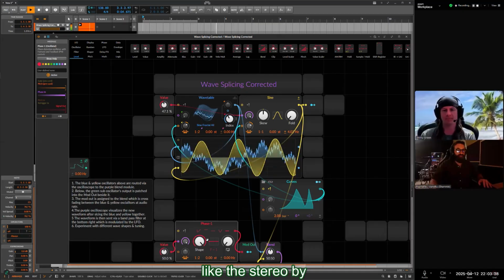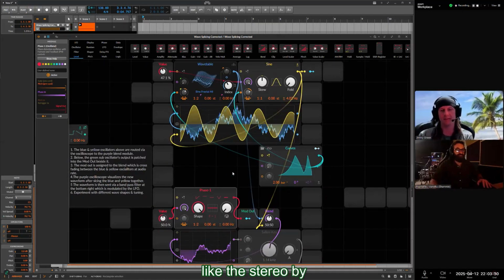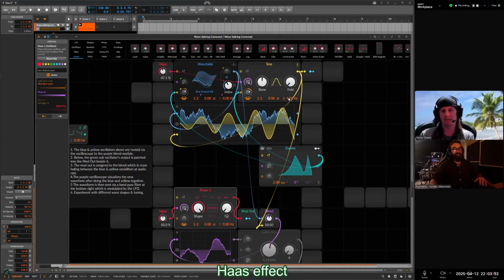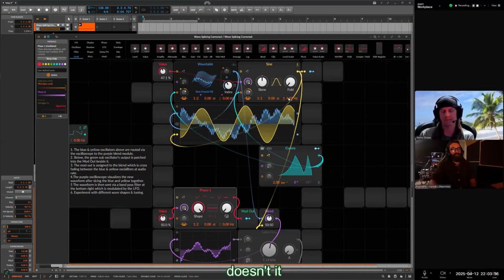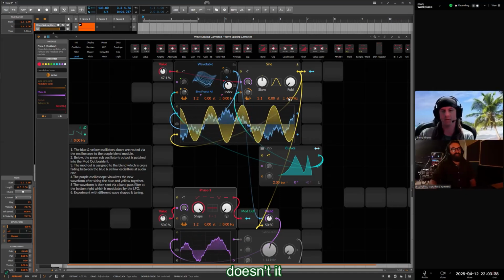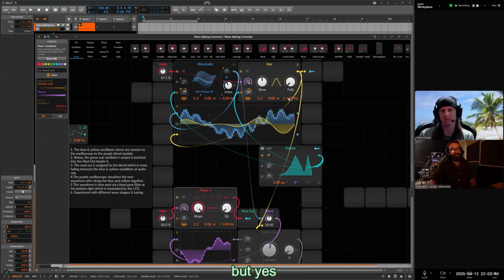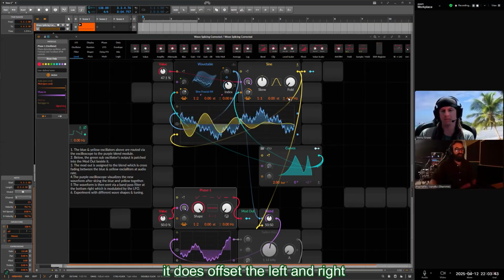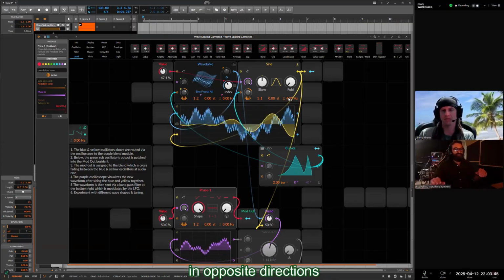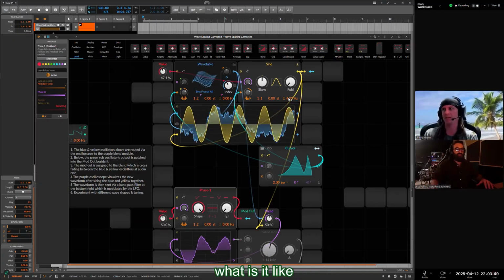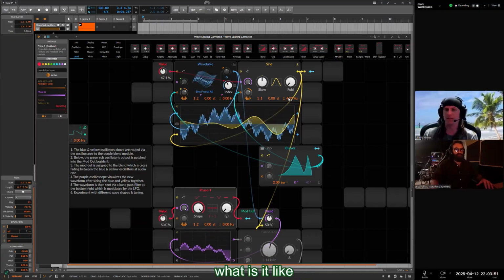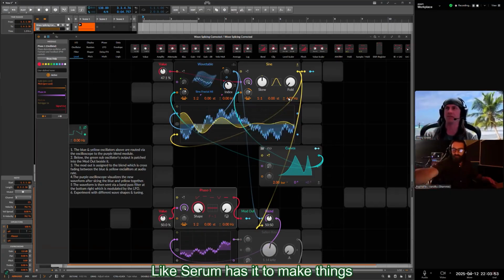With the stereo, that's just like the Haas effect, right? It's like it just offsets one channel by a little bit, doesn't it? Or it pitches one up. Not the Haas effect, but yes, it does offset the left and right in opposite directions. Yeah. Same with like what is it, Serum has it to make things wide.